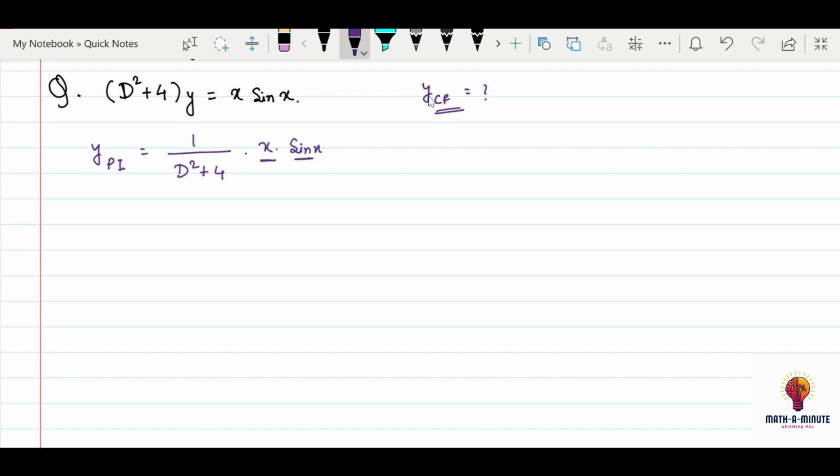So we know that if we want to shift this polynomial function to the left hand side of the D operator, it will be x minus 1 by f of D. Our f of D is D square plus 4, and the derivative of this will be 2D.